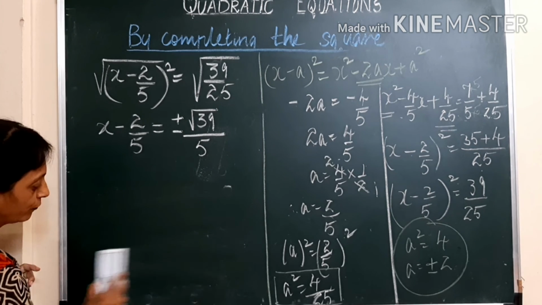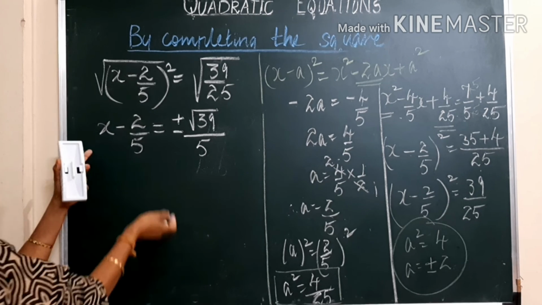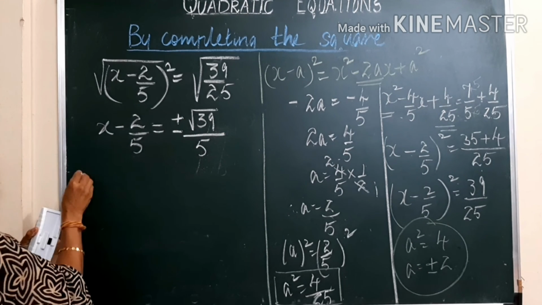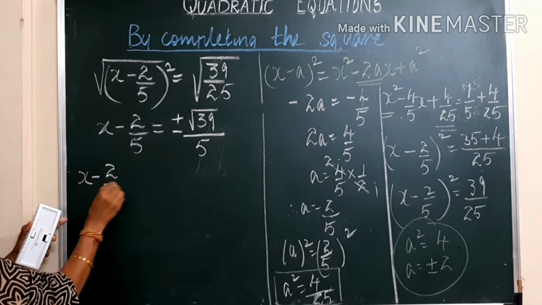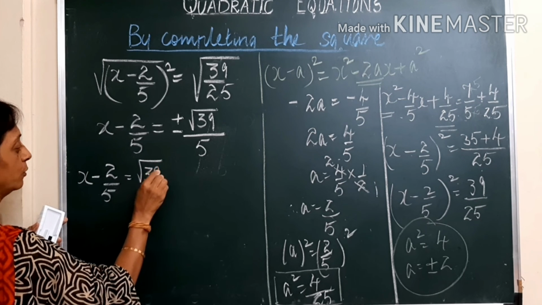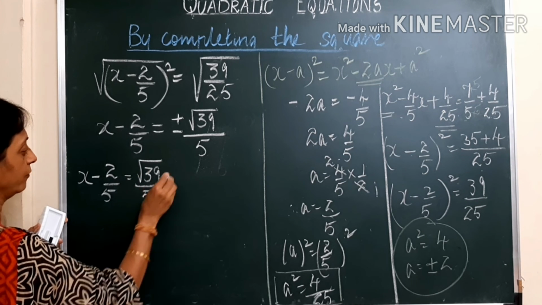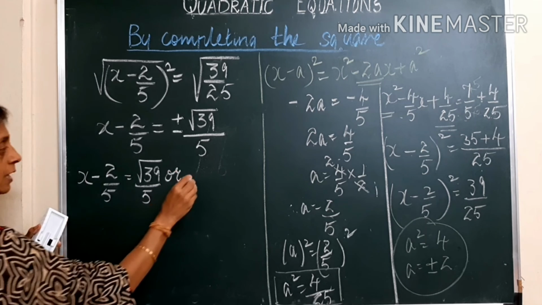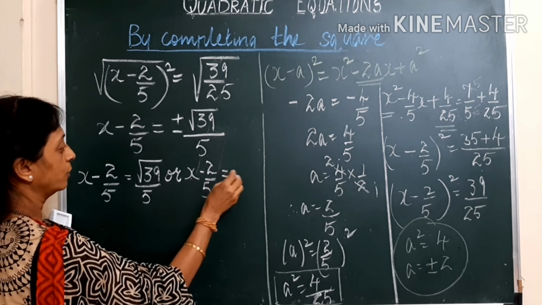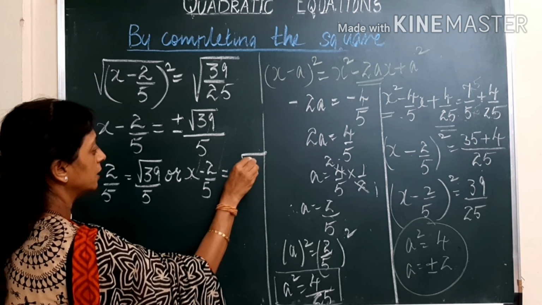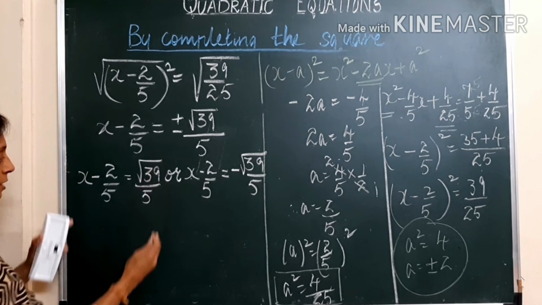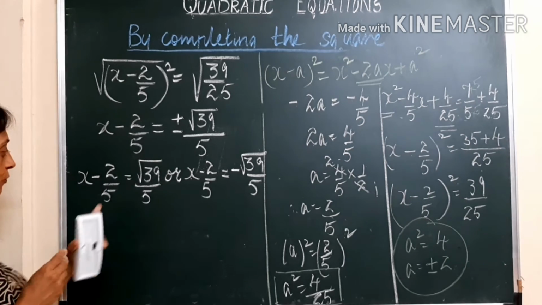Now, how do we follow the next few steps? Once with a plus, once with a minus, to get the value of x. So x minus 2 upon 5 will be equal to square root of 39 upon 5, or x minus 2 upon 5 will be equal to minus root 39 upon 5. Let's solve the one with the positive value.